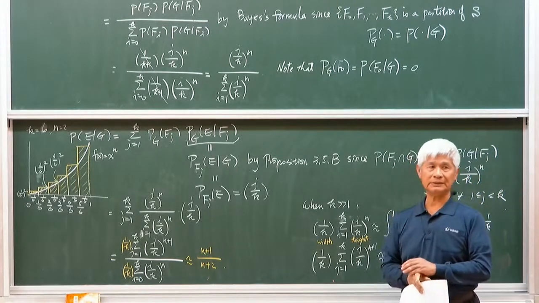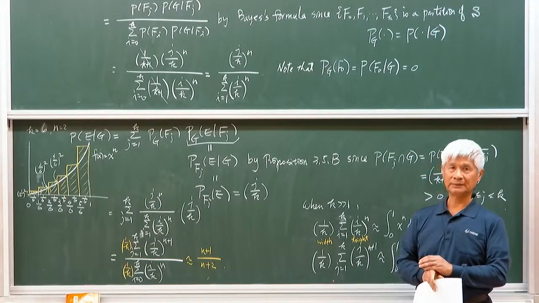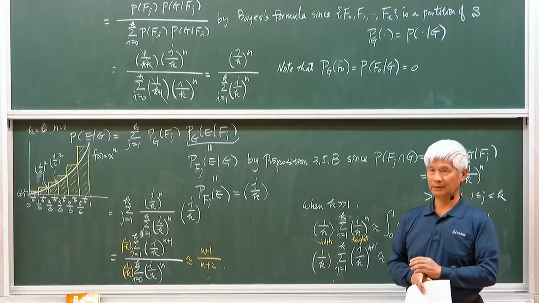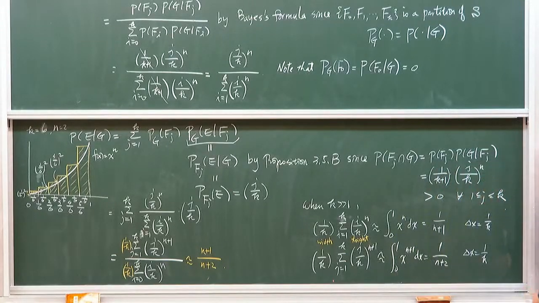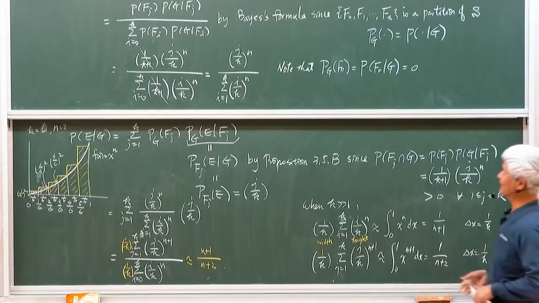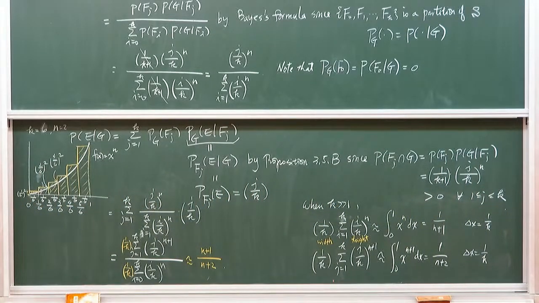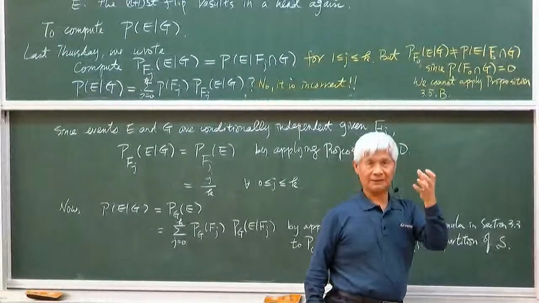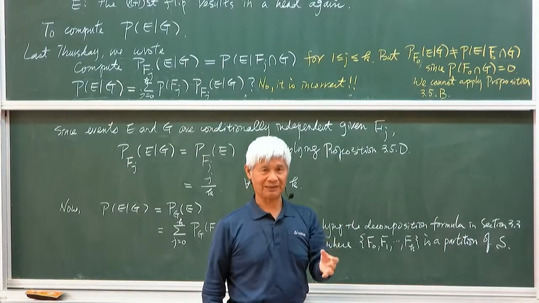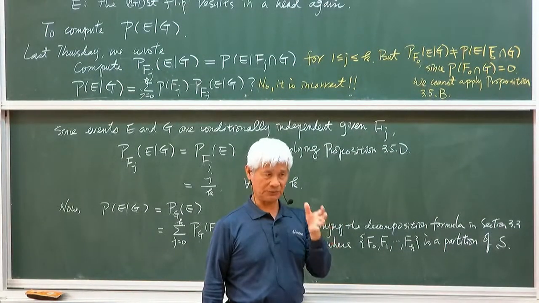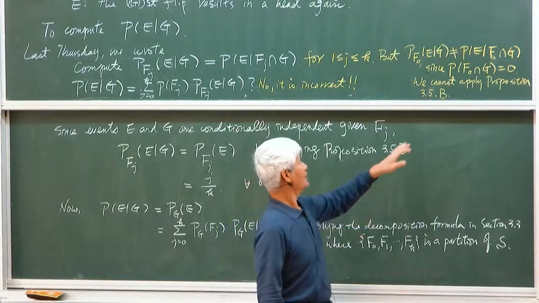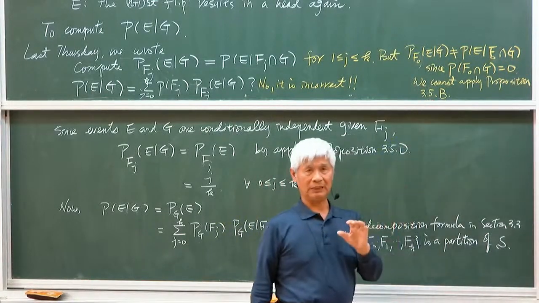Any other questions? Okay. All right. So always remember that this example gives us the lesson when we want to apply proposition 3.5.b. The required condition has to be checked. All right, you have to check the required condition before you can apply proposition 3.5.b.